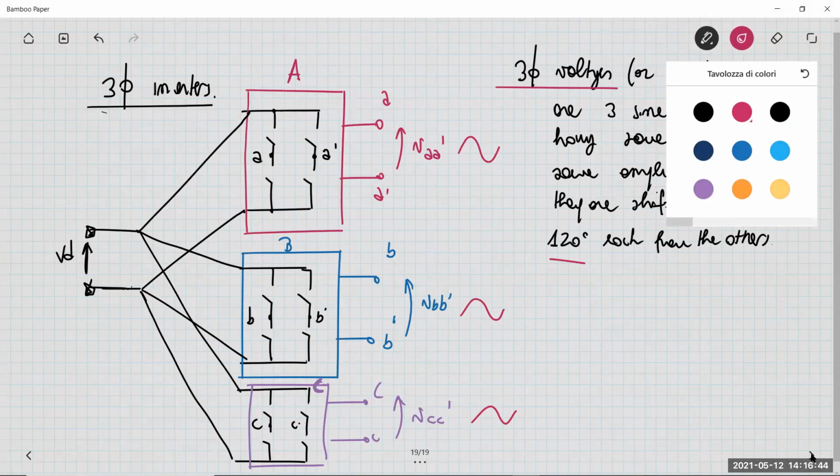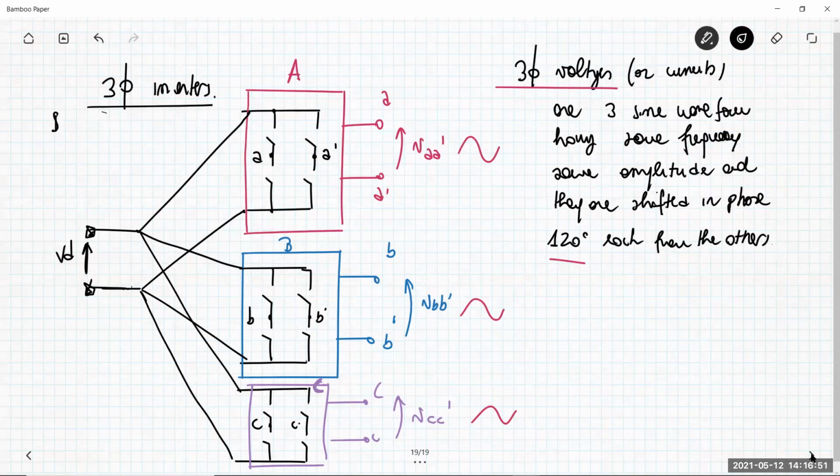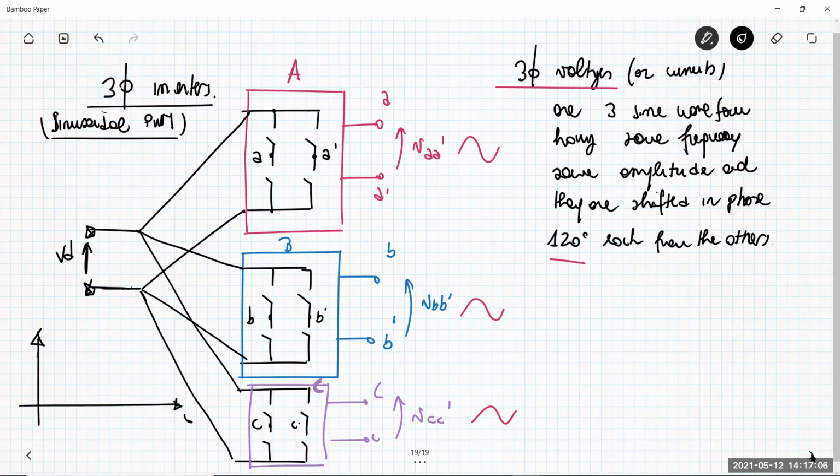In order to obtain this behavior, supposing that we are starting our discussion with the sinusoidal pulse width modulator, so linear modulation, we need a modulator, and the modulator is a standard pulse width modulator in which you have the triangular waveform with fixed frequency and fixed amplitude.